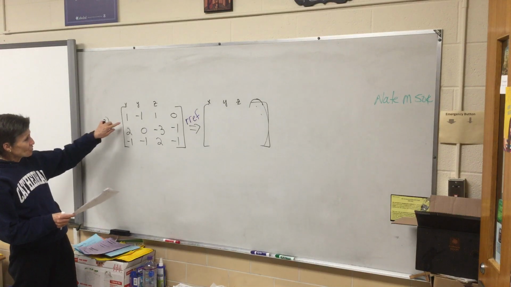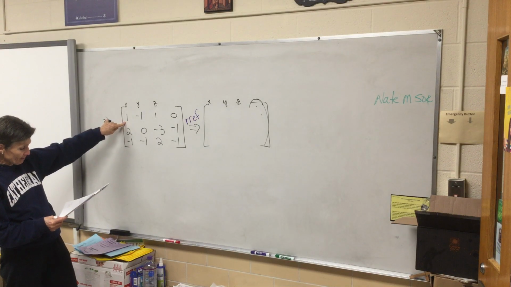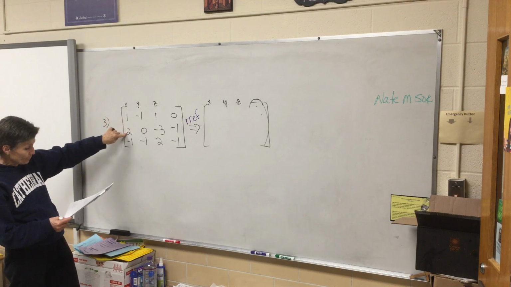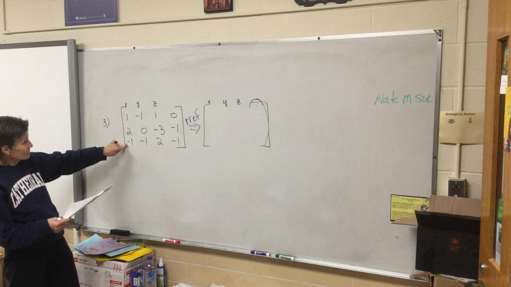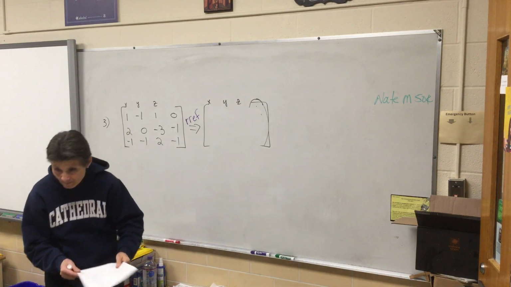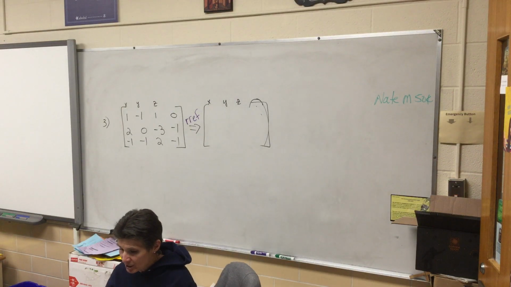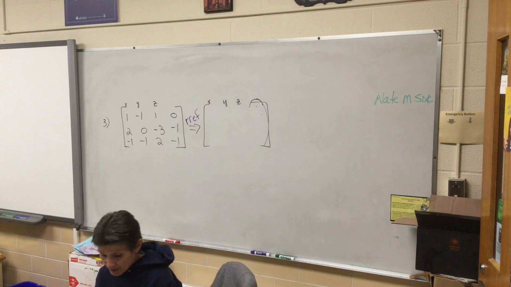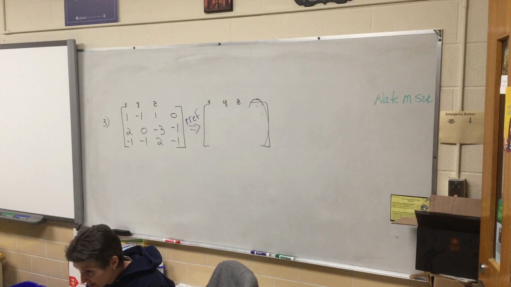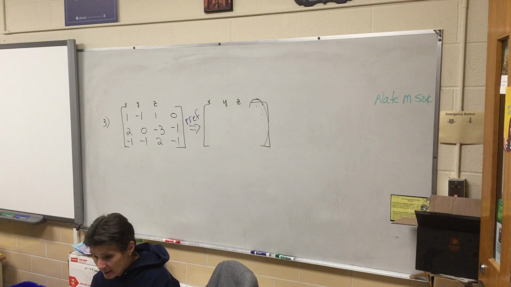All right, so let's make sure you've all got the right matrix here. 1, -1, 1, 0. 2, 0, -3, -1. -1, -1, 2, -1. Everybody good with that? Now we're going to put that into our calculator. So let's make sure we follow the right steps. Second matrix, over to edit. Enter.